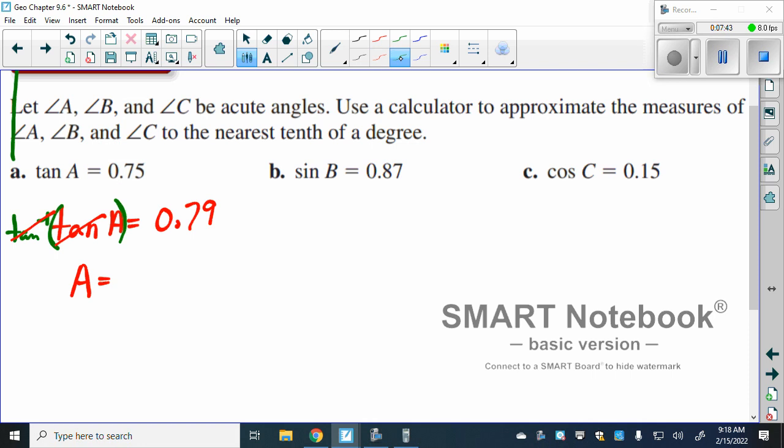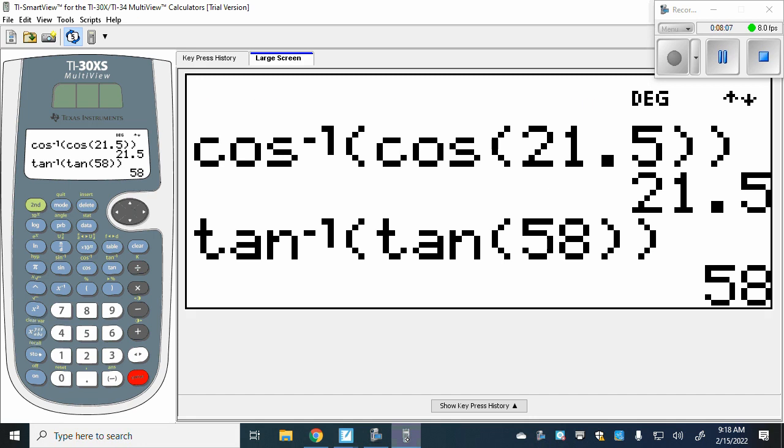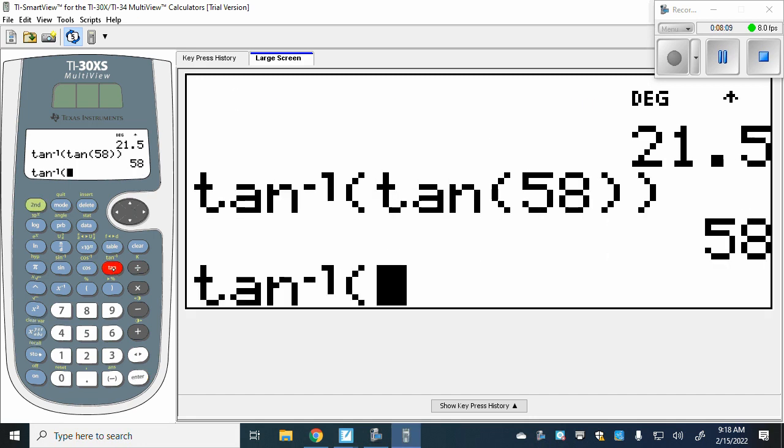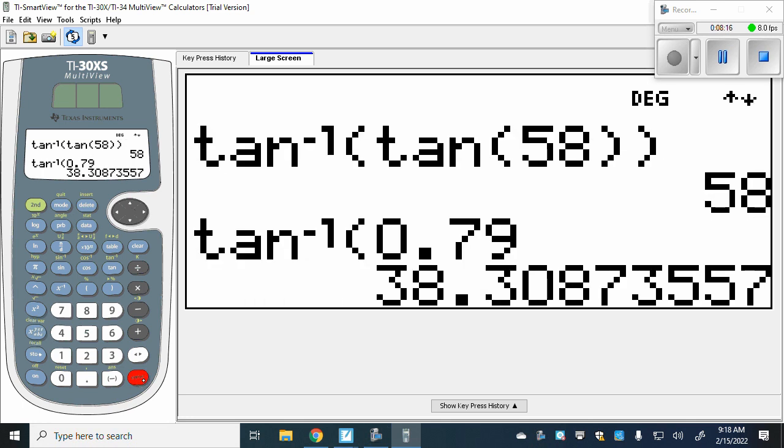But what I do to one side, I have to do to the other. So on the other side, we're taking tangent inverse of 0.79. So here, we can go second tangent inverse of 0.79 and hit enter.